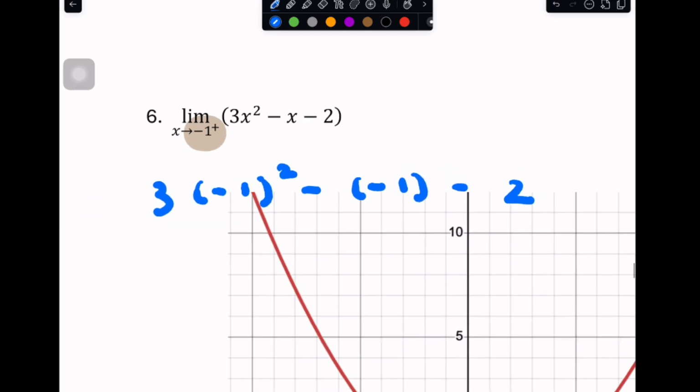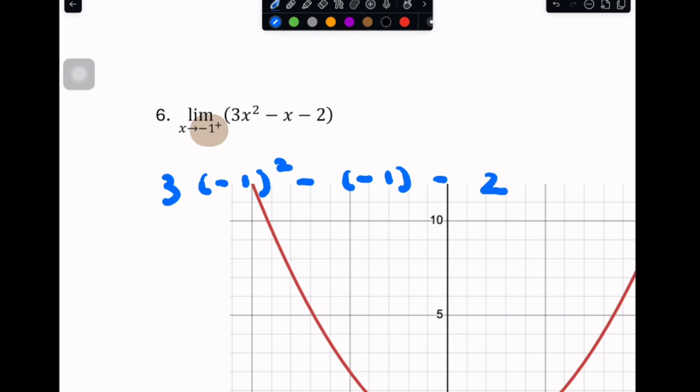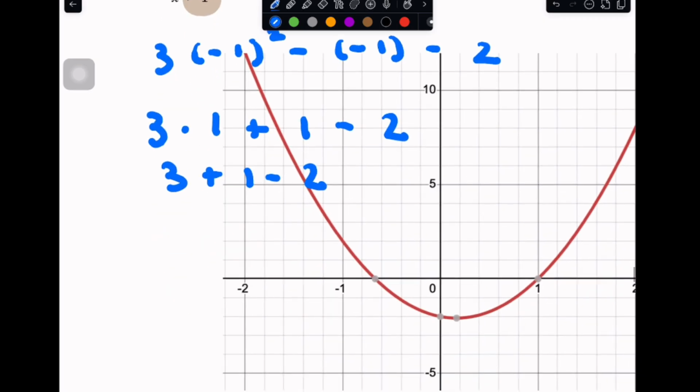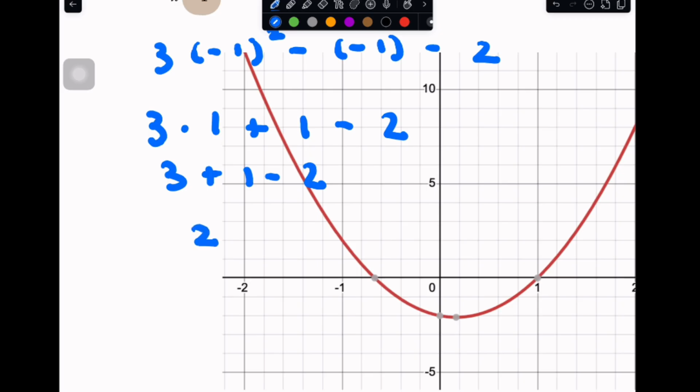You guys okay with that? Because you have a polynomial function. They're continuous everywhere. They're continuous at -1. So do your arithmetic. Please excuse my dear Aunt Sally. 3 plus 1 minus 2. Isn't this going to be 2? It's going to be 2.